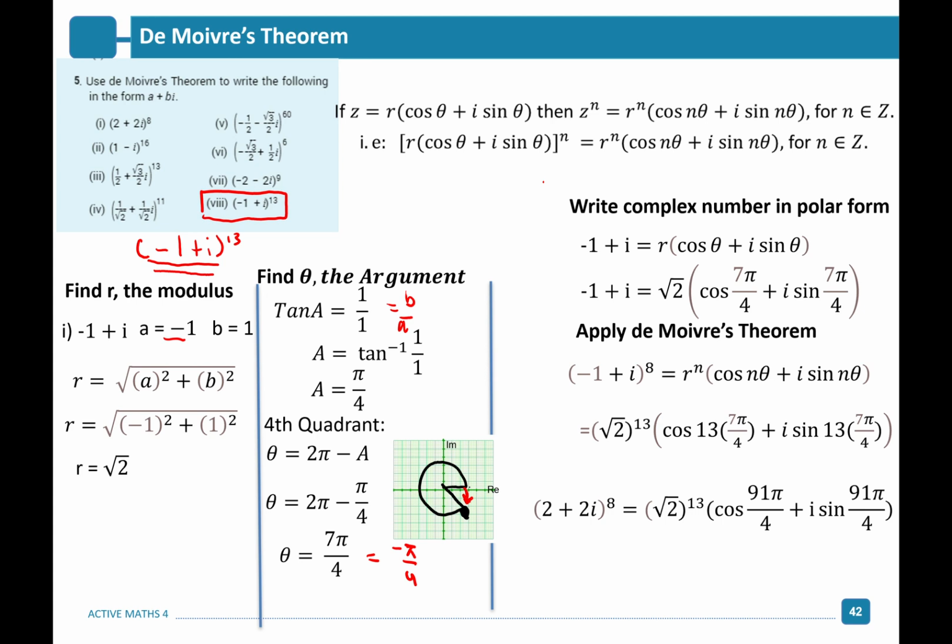So this answer could also have been written as root 2 to the power of 13 times cos of 13 times minus pi over 4 plus i sine of 13 times minus pi over 4. But we always keep to measuring our angles anti-clockwise. This is just to note in case you're wondering why your answer may look slightly different than the back of the book. Please pause and take down this example.